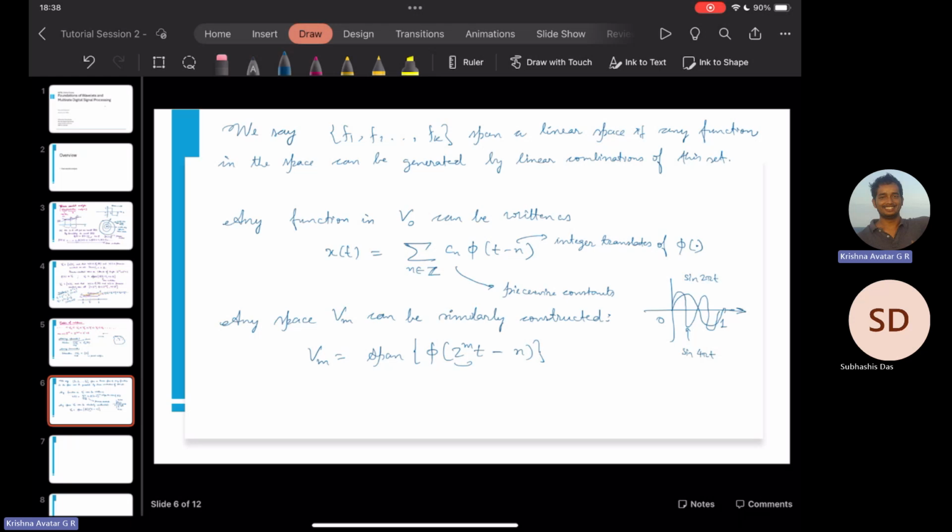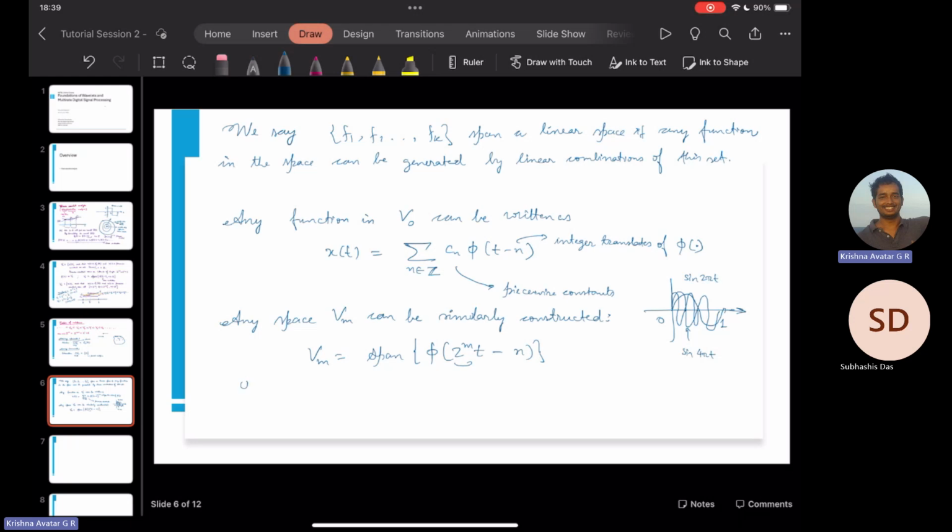And as you go to say sine 8t, within this half time period of sine 4t, it will have already completed the full time period. So it becomes like that. So what you see is that the number of oscillations increase and increase, which means that it's able to capture finer variations. So likewise here, as m increases for this VM, you are able to capture sharper and sharper variations in the signal.